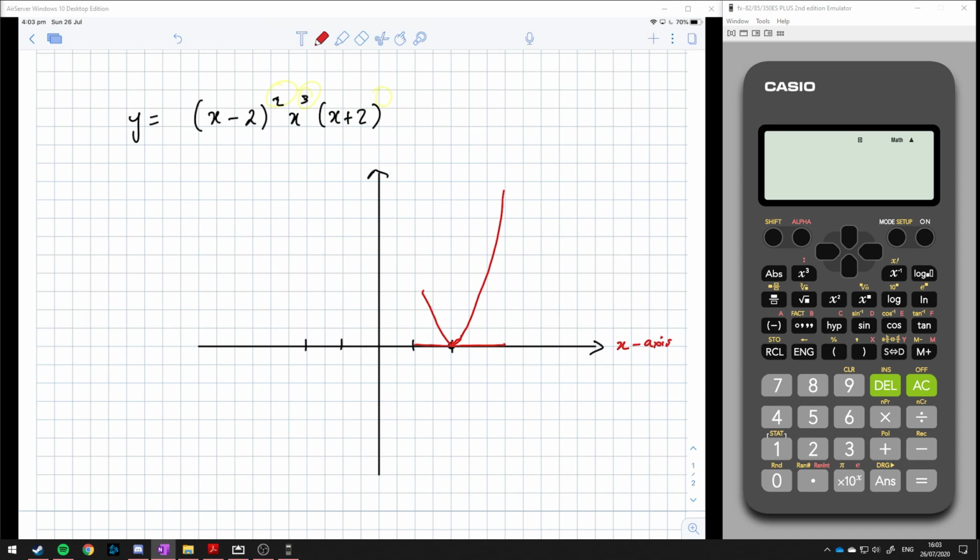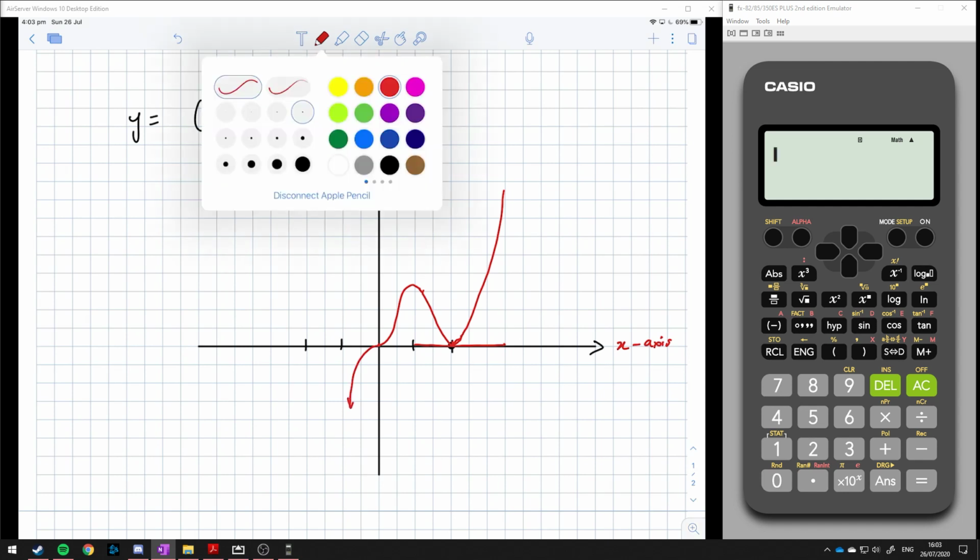Now, if x equal to alpha has a multiplicity of at least 3, then the curve is tangent to the x-axis at that point, but crosses the x-axis. So with this x cubed bit, the graph comes down to the point, gets flat, and then continues back down.